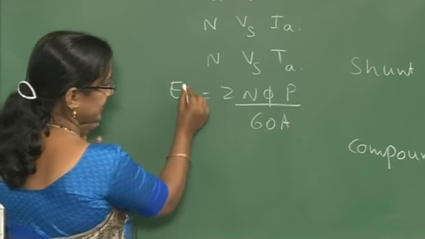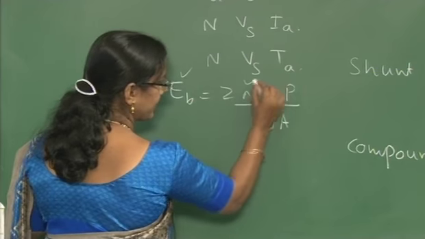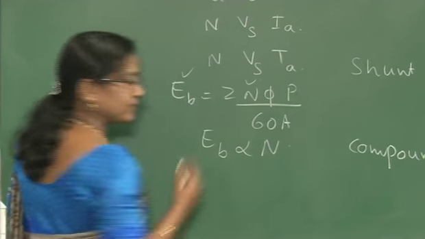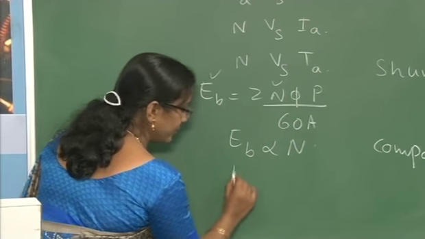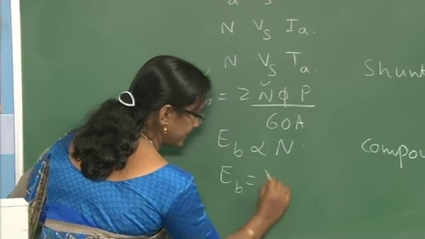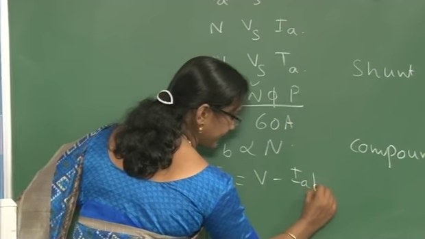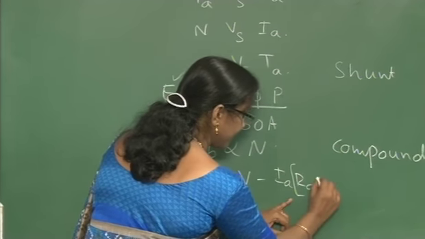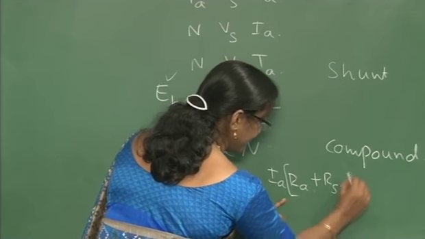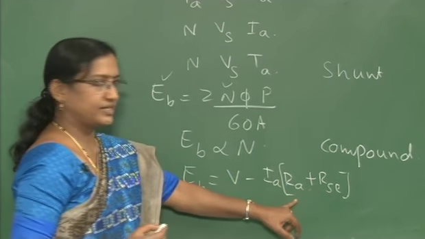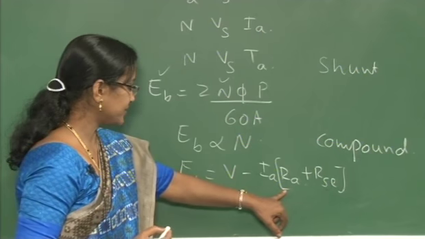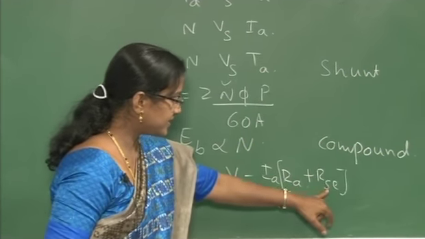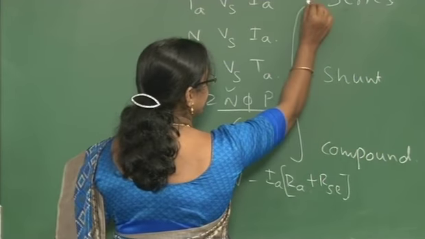From this we can see that EB is directly proportional to speed N. And one more equation: EB is equal to V minus IA RA in case of a shunt motor. In case of a series motor, this is RA plus RSC, because the series field winding is connected in series with the armature.